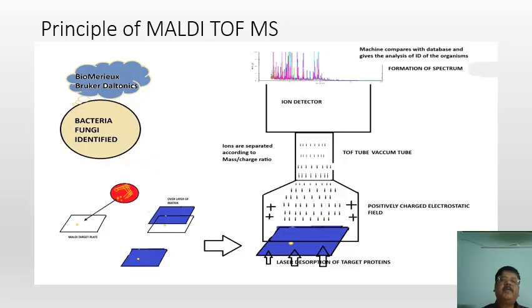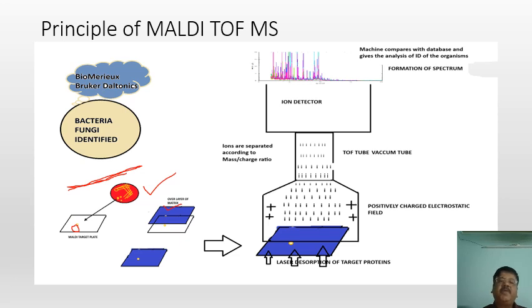So here, what is the principle? Now we have to start from this line I will put. If there is some culture in our lab, it is put on the MALDI plate. You can see the culture, a single colony is taken and it is overlaid with a matrix. So what is matrix?